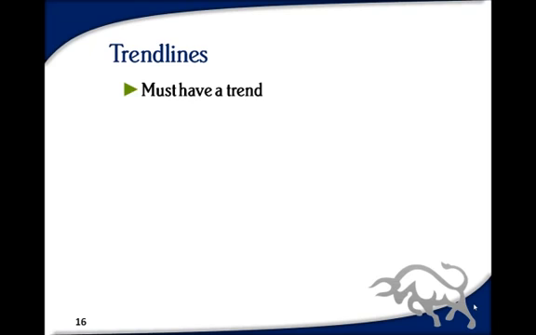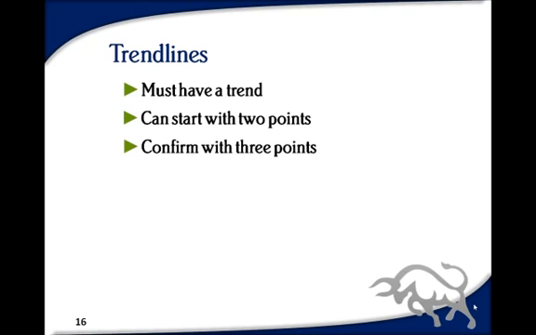Now we can start drawing a trend line once we have 2 points. If we have an uptrend, then the 2 points will be 2 successive low points, or troughs, that we see on a chart, and we can draw a straight line from one to the other, and extend it off to the right to see where it goes. But 2 points just don't make a straight line, so to make a trend line that is confirmed and considered valid, we need to have 3 points that we can connect with a straight line, and again, these are the low points of the chart.